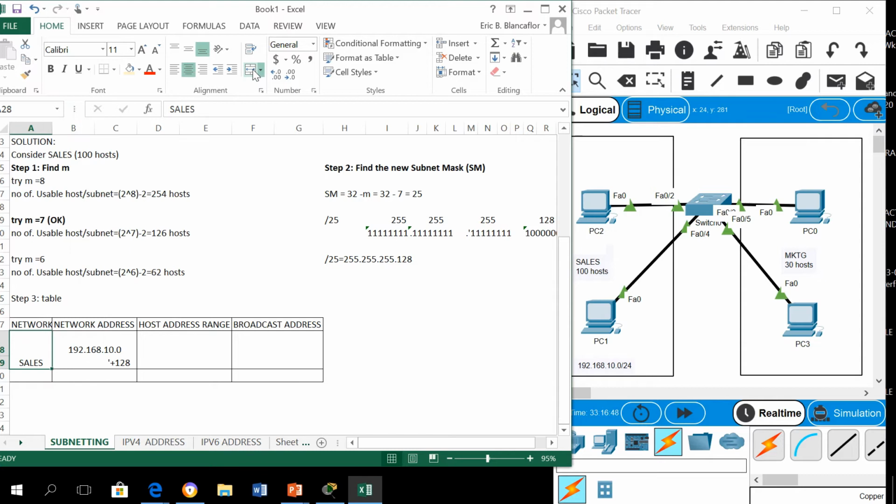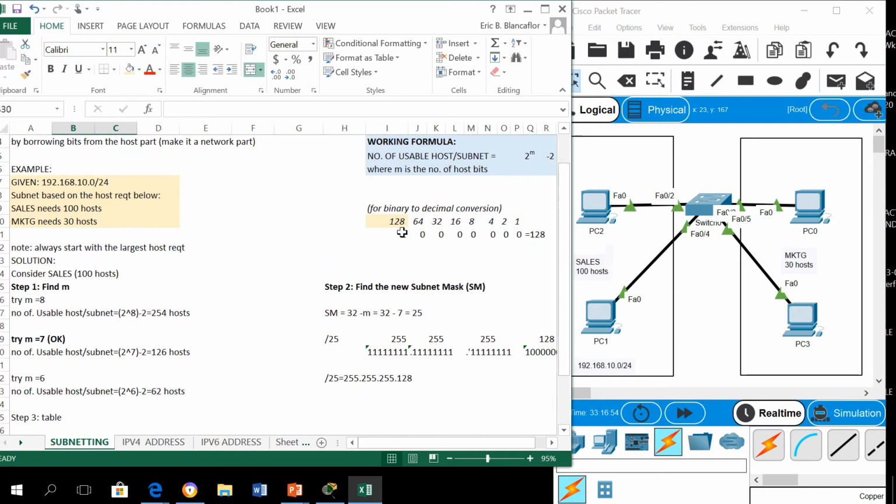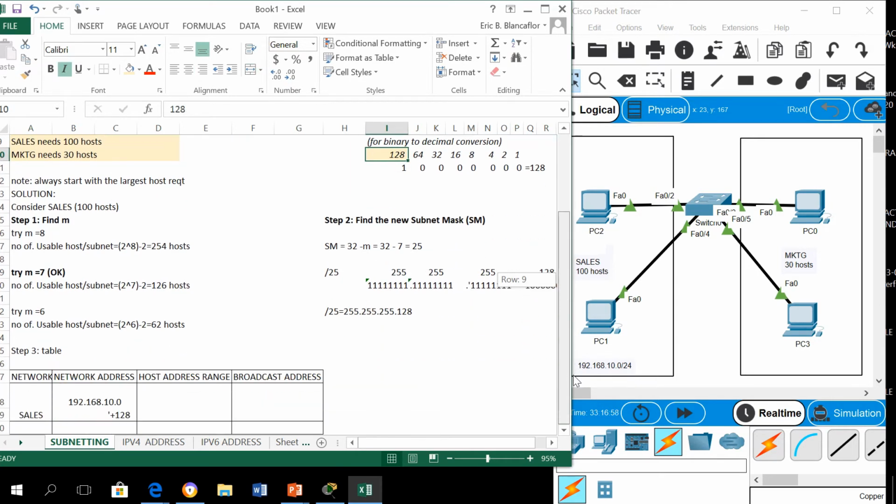To get the next network, you get the rightmost network bit. This one falls on the last octet, so you add it to the last number, the last octet. That is also where you will add.